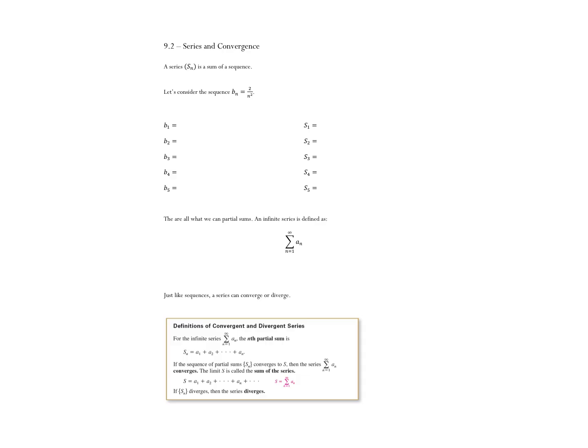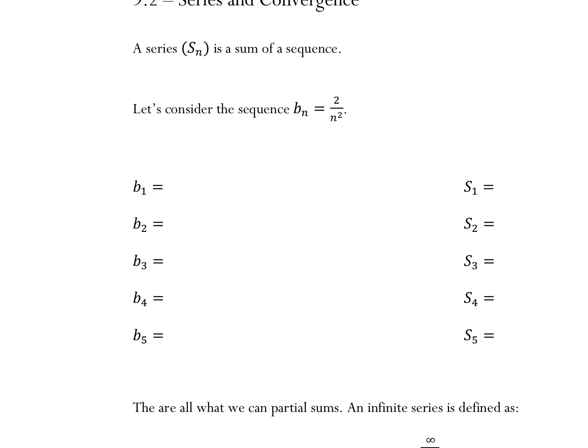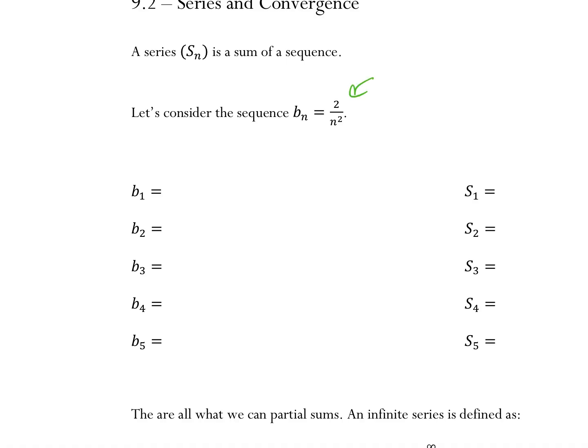Series and convergence. All right. So here's a sequence, 2 over n squared. This one I'm calling b sub n. I don't know why I chose b instead of a. If I asked you, could we figure out each term of this sequence?